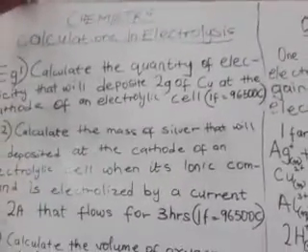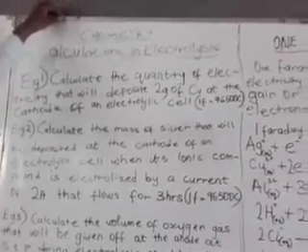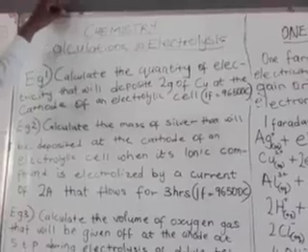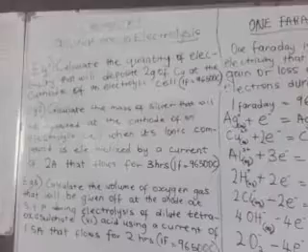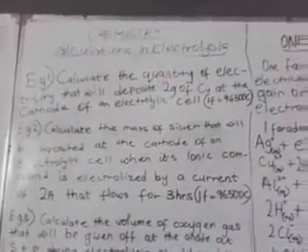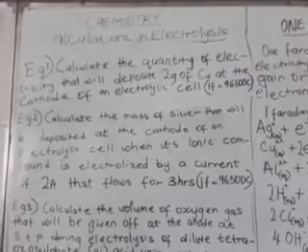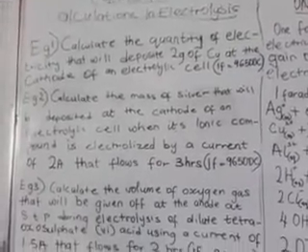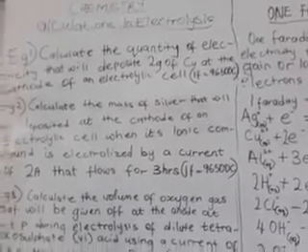Read the question. Calculate the quantity of electricity that will deposit 2 grams of copper at the cathode of an electrolytic cell. 1 F is equal to 96,500 coulombs.